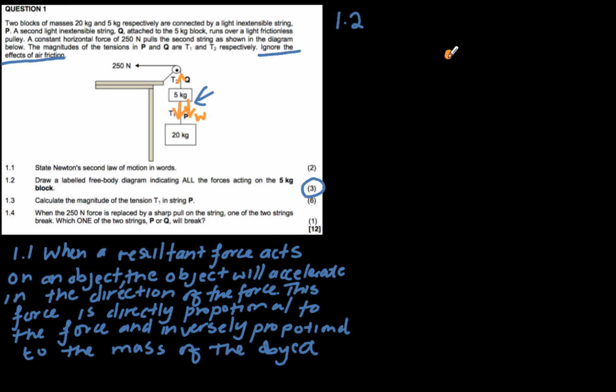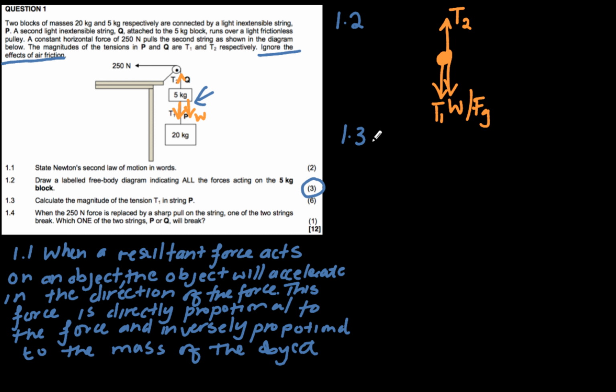Right, so our free body diagram is going to look like this, where the dot represents the 5 kg block, and we have an upward force, which in this case is tension 2, and we also have our tension 1 and the weight, which we can also call Fg. So that will be our free body diagram.